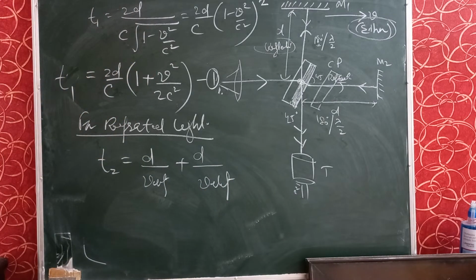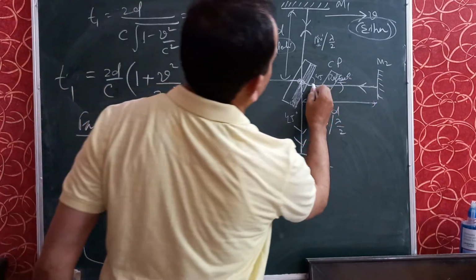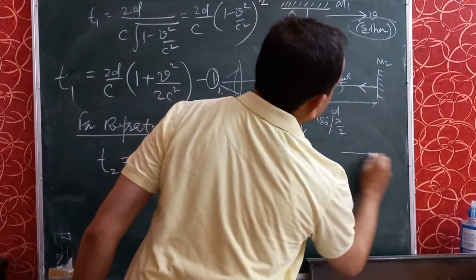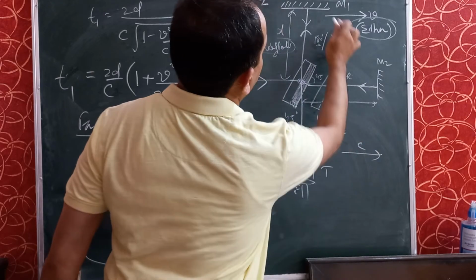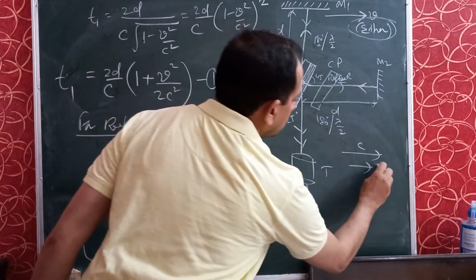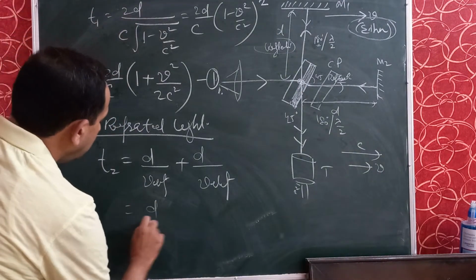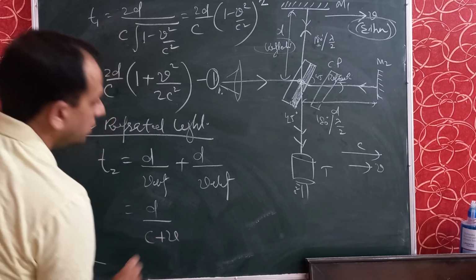Now we will find the velocities. You know that light is going on this side, the forward direction, with velocity c, and ether is also flowing toward this side with velocity v. So the net velocity is c plus v. So d over c plus v, the net velocity.